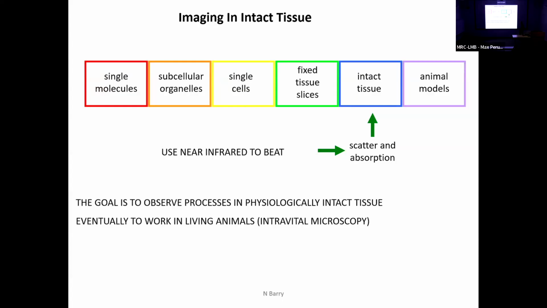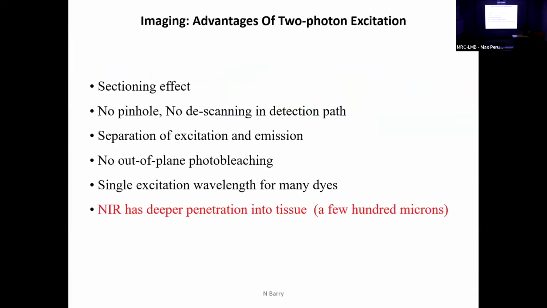The reason it works is because near infrared light, these lower energy photons, don't have anywhere near the same amount of scattering. So there are some advantages of 2 photon. You still get this section effect because it's only at the focus. You don't need a pinhole because you're not exciting out of plane.